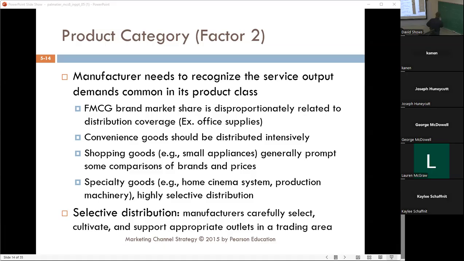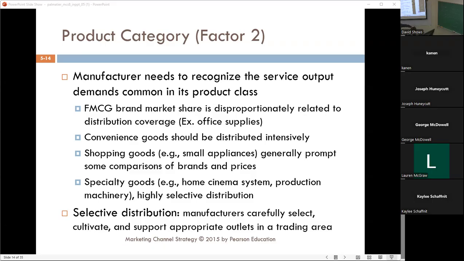And so with a shopping item, we are concerned what stores in the given trade area are there because we do want to be compared with competitors. It is no surprise that automobile dealerships cluster around each other.